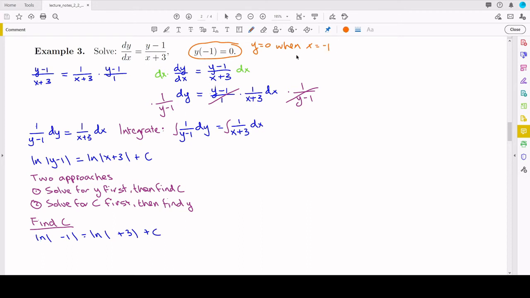I'm going to take, for my y, 0, and then for my x, I am going to get -1.